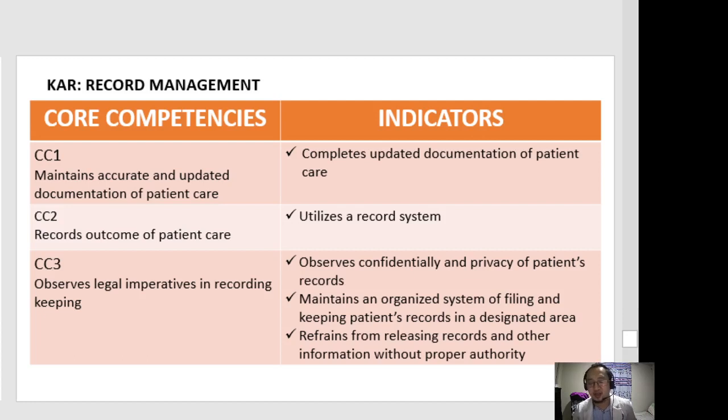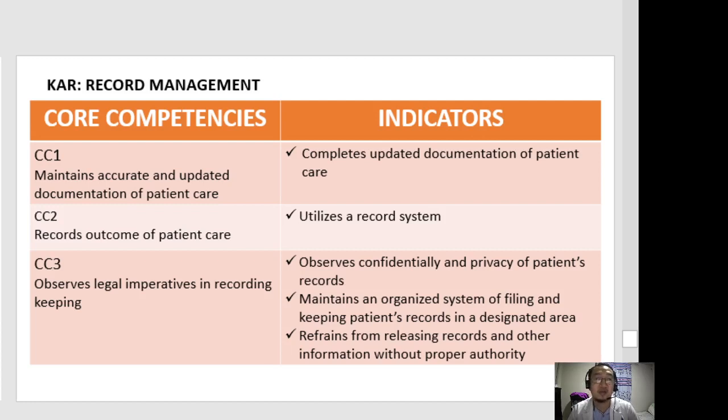This is a short one only. Based on the same goal, we have 3 competencies. One is maintaining accurate and updated documentation of patient care. The word here is updated. Almost every shift, a patient's record should be updated with regards to the condition, doctor's orders, the treatment regimen, the activities done to him or her.